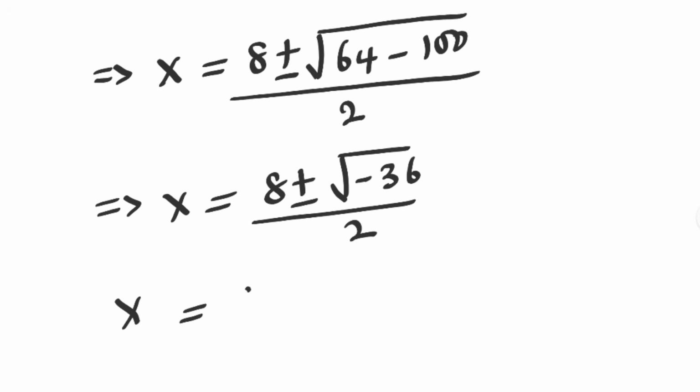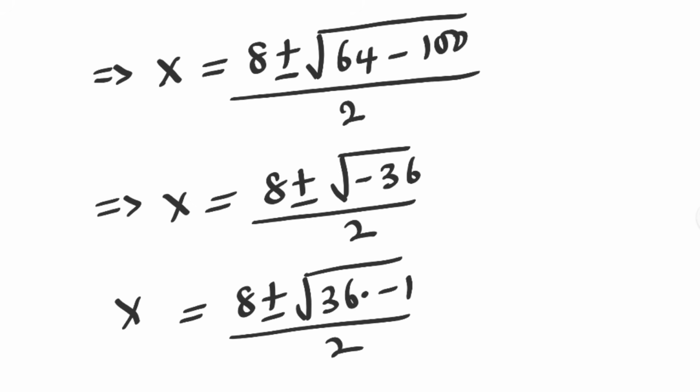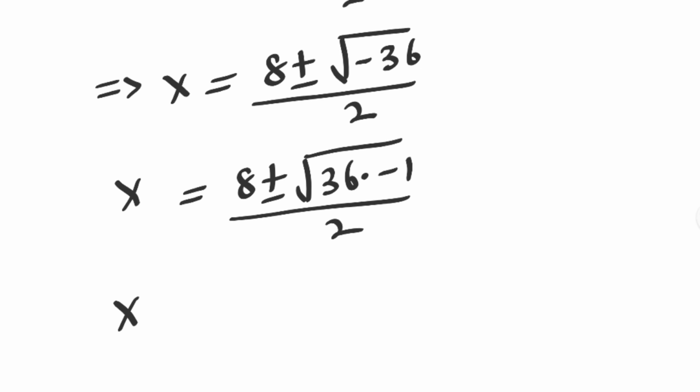x is equal to 8 plus or minus square root of minus 36, can be written as square root of 36 multiplied by minus 1, divided by 2. x is equal to 8 plus or minus square root of 36 is 6. Square root of minus 1 is i, divided by 2.